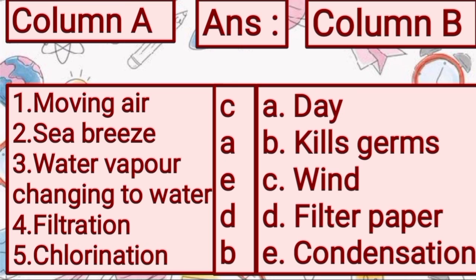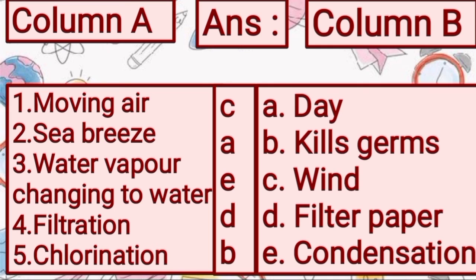Now fourth question from column A, filtration. Filtration is a process in which water is cleaned by passing it through a filter paper. So the answer is option D, filter paper.